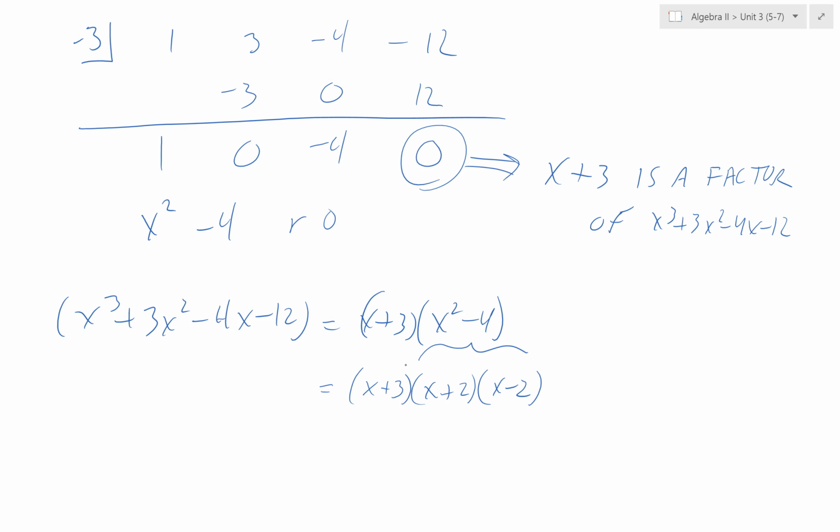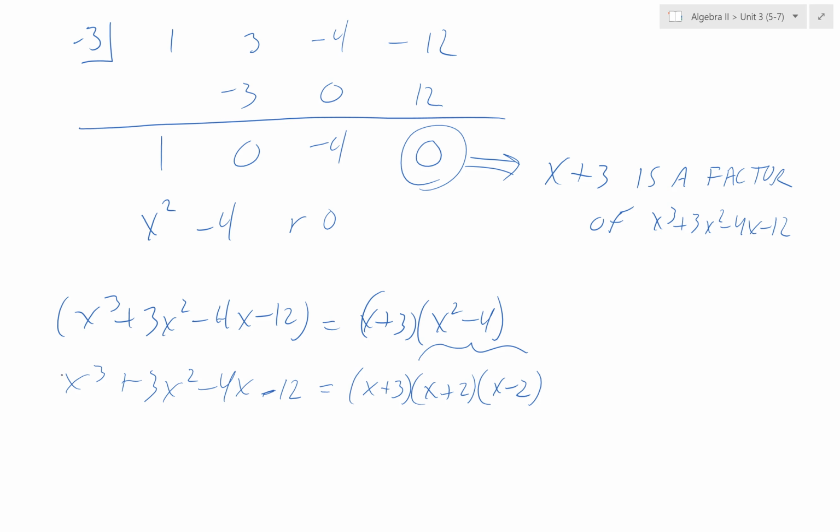So once we find a factor, then we can take the remaining factor, which in this case was x squared minus 4, and factor it again, and now we have x cubed plus 3x squared minus 4x minus 12 fully factored. And it all started with synthetic division. So we tried a factor, it got a 0 remainder, which means it is a factor. And that was the start of us being able to factor this polynomial.